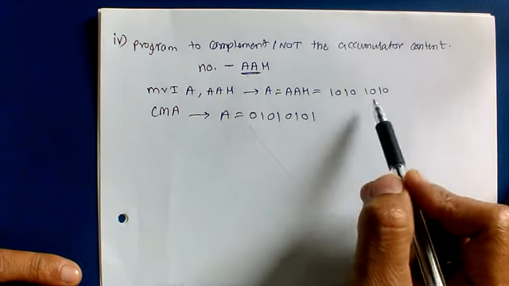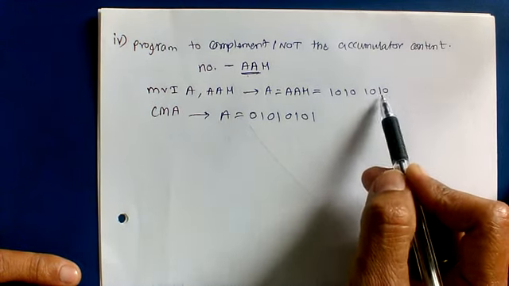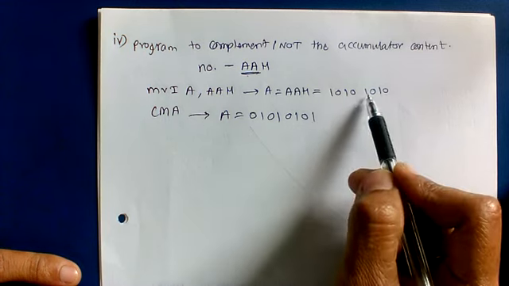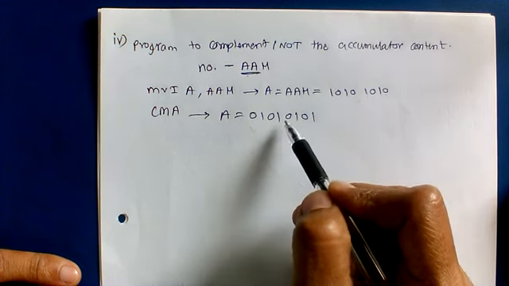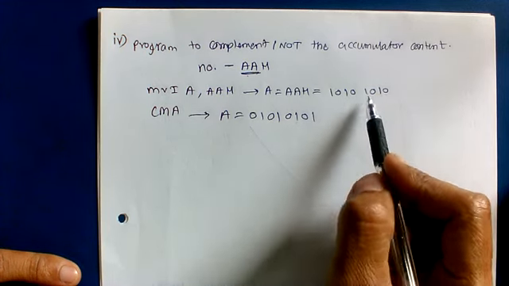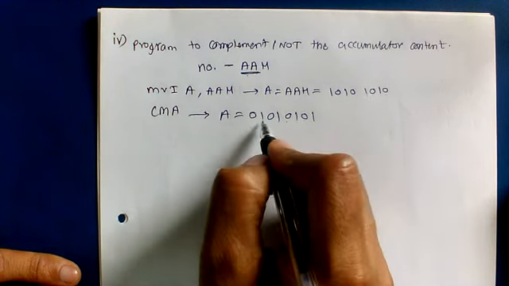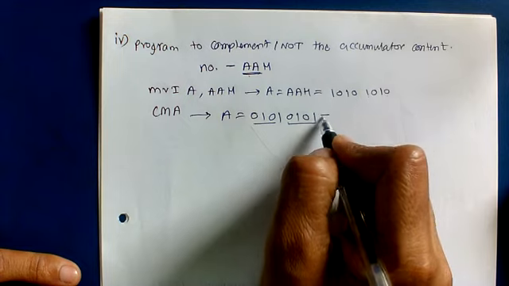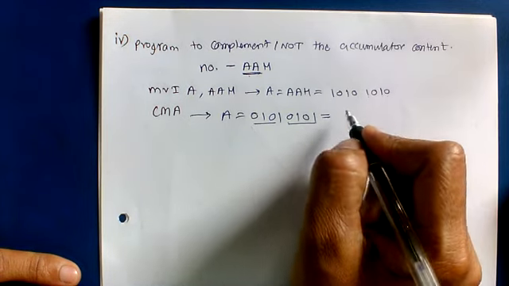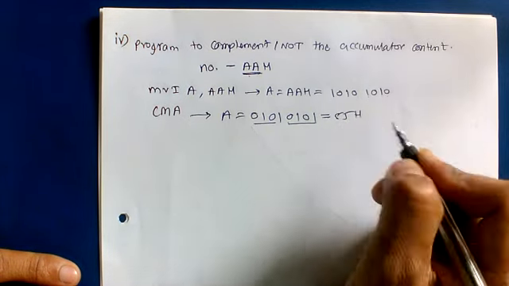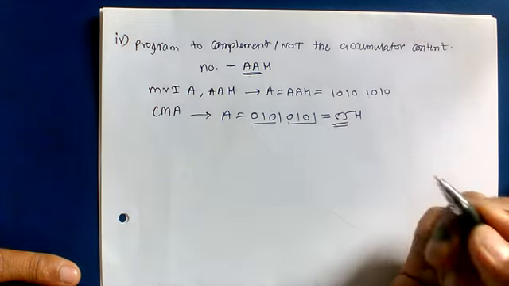So complementation of this 0, you will get 1, complementation of this 1, you will get 0, complementation of this 0, you will get 1, complementation of 1, you will get 0. So in this way you will get 55x in accumulator.